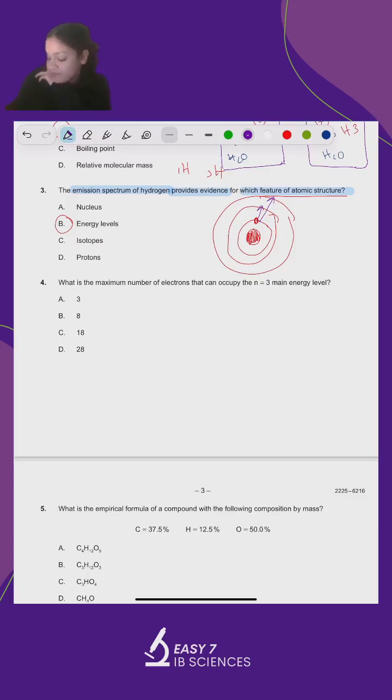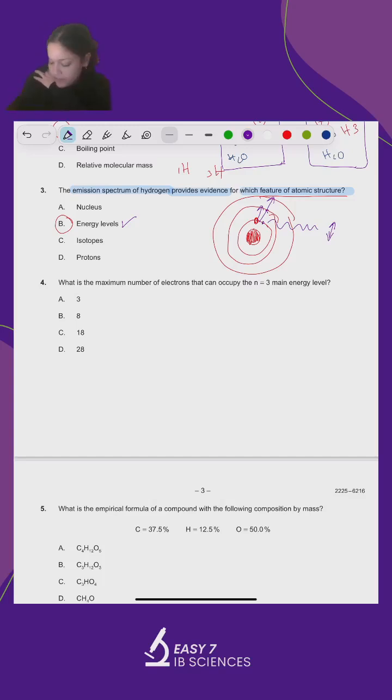But the fact that it jumps up means that it also must come down at some point. Once it comes down, it releases a specific photon of light, and that specific photon corresponds to the distance between these discrete energy levels. So because that photon of light corresponds to the difference between those energy levels, that basically provides proof for the fact that different discrete energy levels do exist.